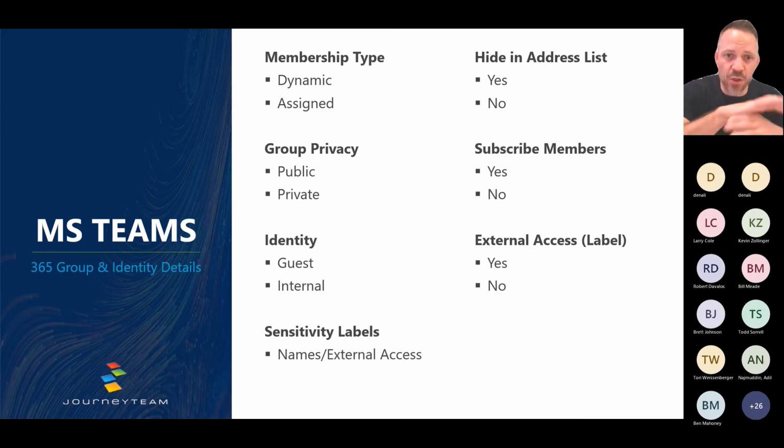So if we turned off guest access within our 365 tenant, we do have the ability to say, hey, whenever a 365 group or a team is provisioned and it's classified this way, then we will allow external access. And that's how we bucket, how we expose the environment appropriately.